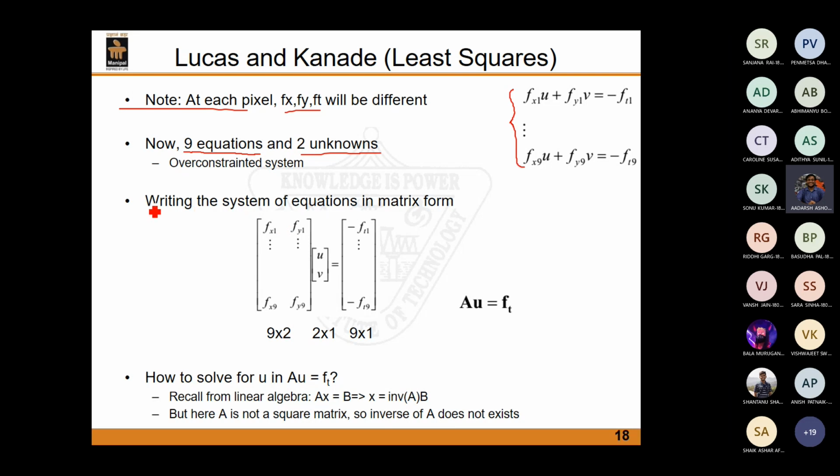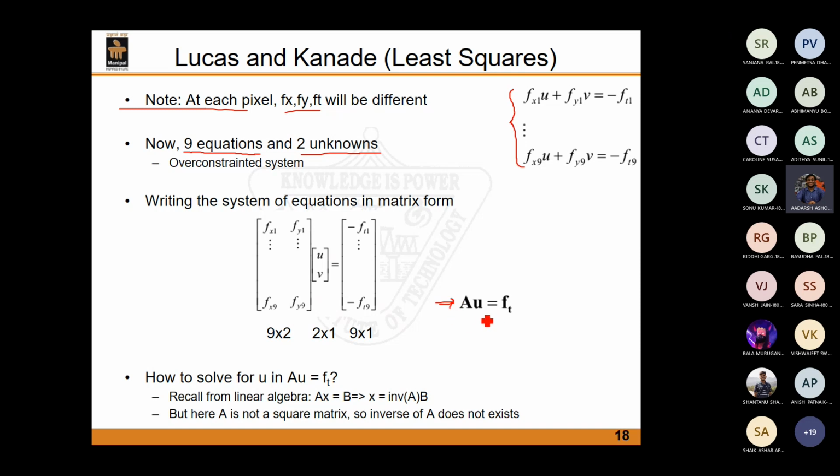All these 9 equations, a system of linear equations, I can simply write in matrix form. I can write it as the matrix with rows fx1 fy1, fx2 fy2, up to fx9 fy9, multiplied by the vector (u, v), equal to minus ft1 till minus ft9, as given like this.